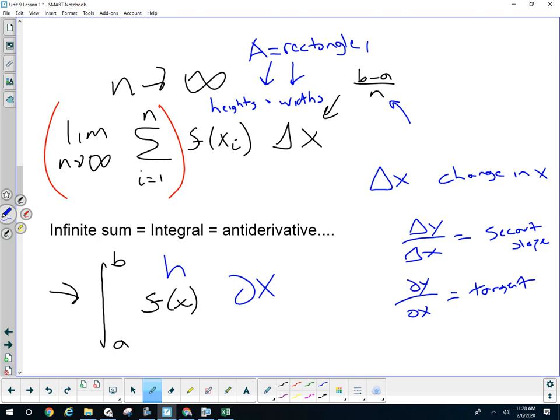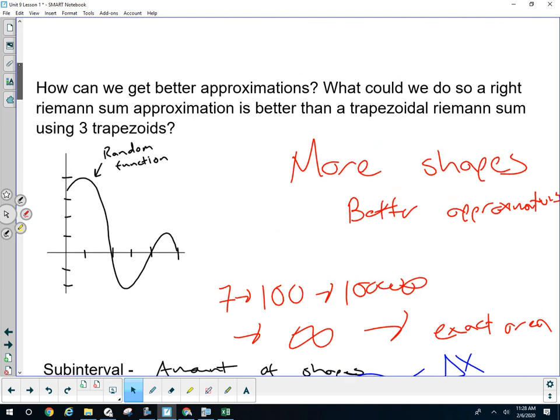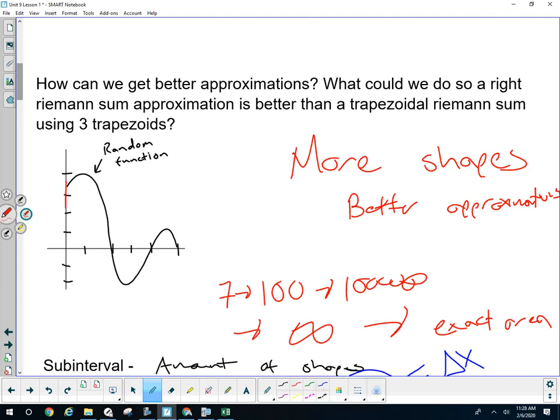Well, this dx actually represents a very, very skinny width. What we have been doing, using the fundamental theorem of calculus and using antiderivatives, is actually doing an infinite sum of an infinite amount of rectangles with infinitely skinny widths. And your calculator does this type of process. This is blowing some people's minds. I know. Don't worry about it. Once you get to your homework, you're just going to be doing a bunch of error.